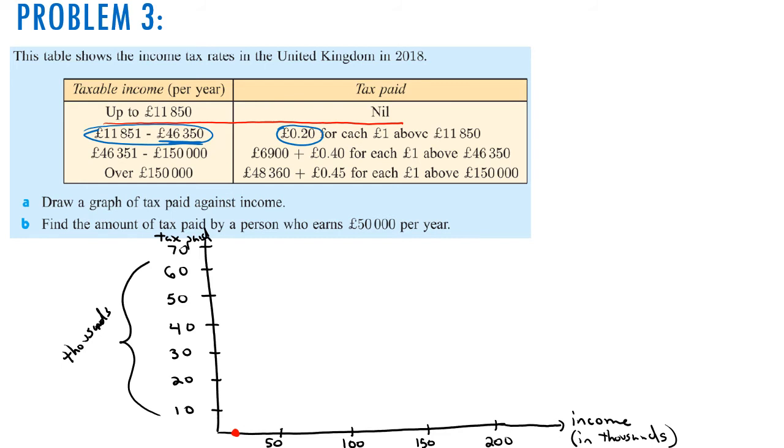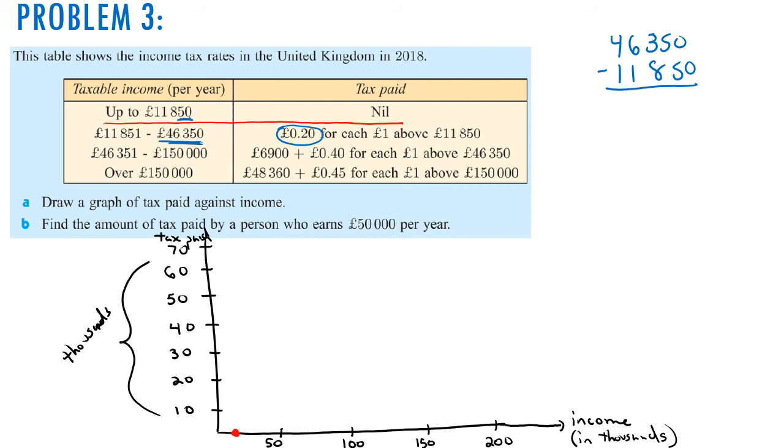So once we know the difference, we have 46,350 minus 11,850, sorry, it should be 11,850, because we're taking from the last place we left off.